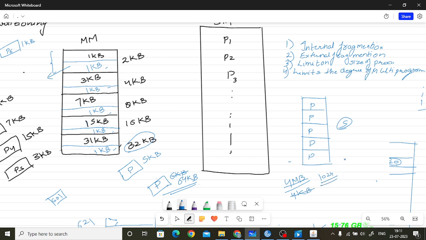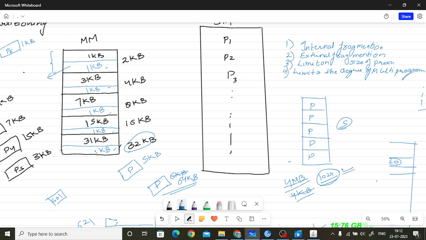So at any time, in the best case, the number of processes which we can accommodate into the main memory will be 1024, because there are 1024 partitions of size 4 KB, if we have a main memory of 4 MB. So the degree of multiprogramming will be 1024.